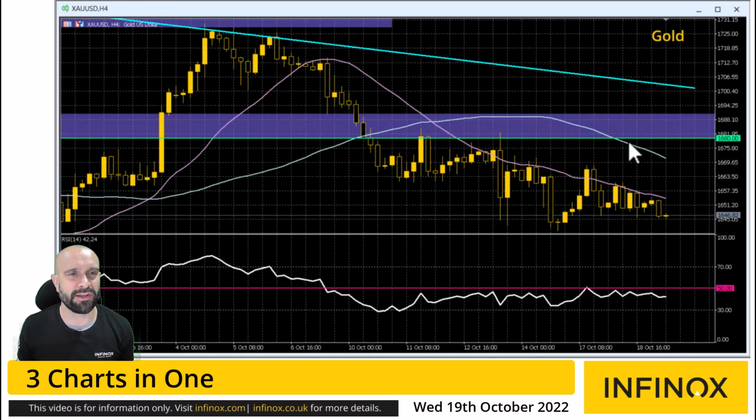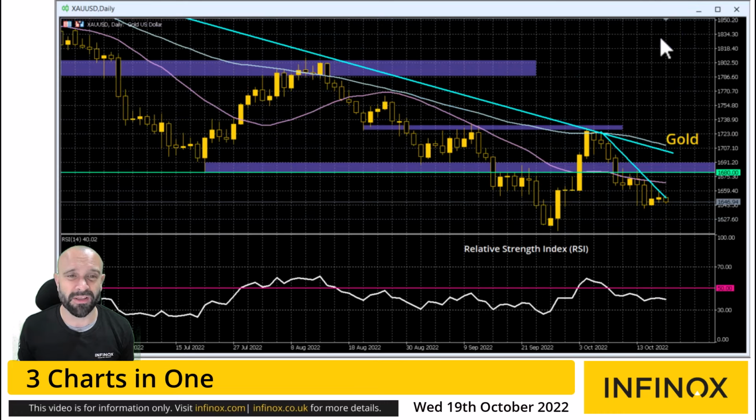And you look on this 4-hour chart, you can see that we are pretty much now forming a new downtrend. It's quite a sharp, near-term downtrend on the 4-hour chart, but still something to keep an eye on. It's consistently failing around that 50 level on the 4-hour RSI as well. So it just looks as though it's going to be coming back to test that reaction low of 1640, breaking underneath that.